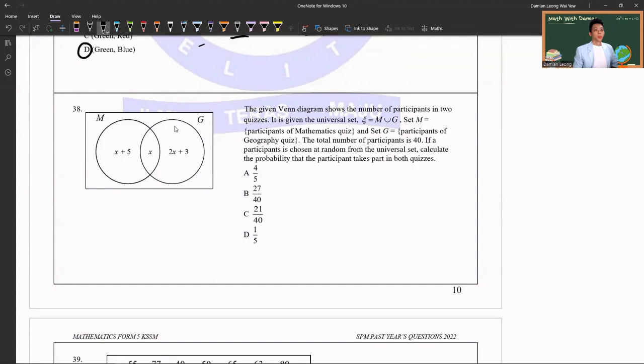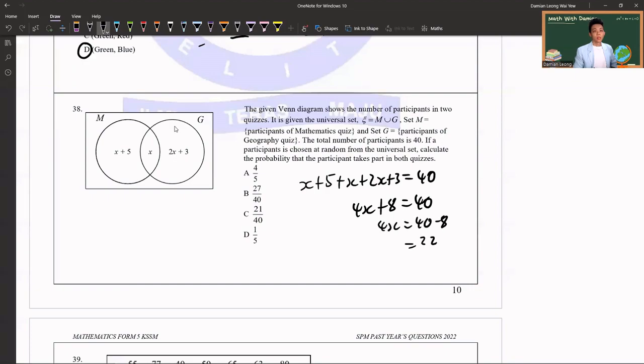So in total, there are 40 participants, so I can find X here. If I add up X plus 5, plus X, plus 2X plus 3, it should equal 40. 4X plus 8 is 40. 4X is 40 minus 8, which is 32. Divide by 4 on both sides.